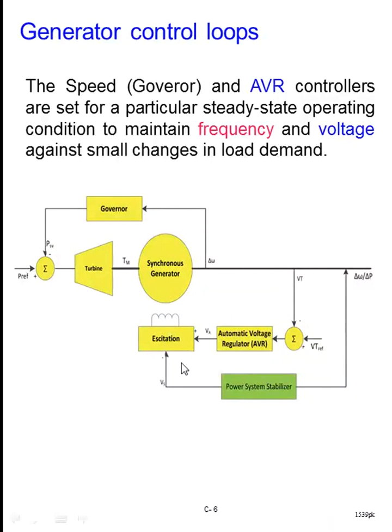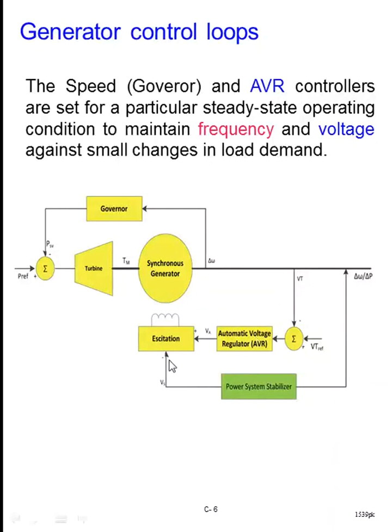And then again, if you recall, there is a mistake here. This arrow sign has to be here actually, because we have a feedback of the speed signal or the power signal to the stabilizer, and then this stabilizer will feed a stabilizing auxiliary signal to the excitation system here.